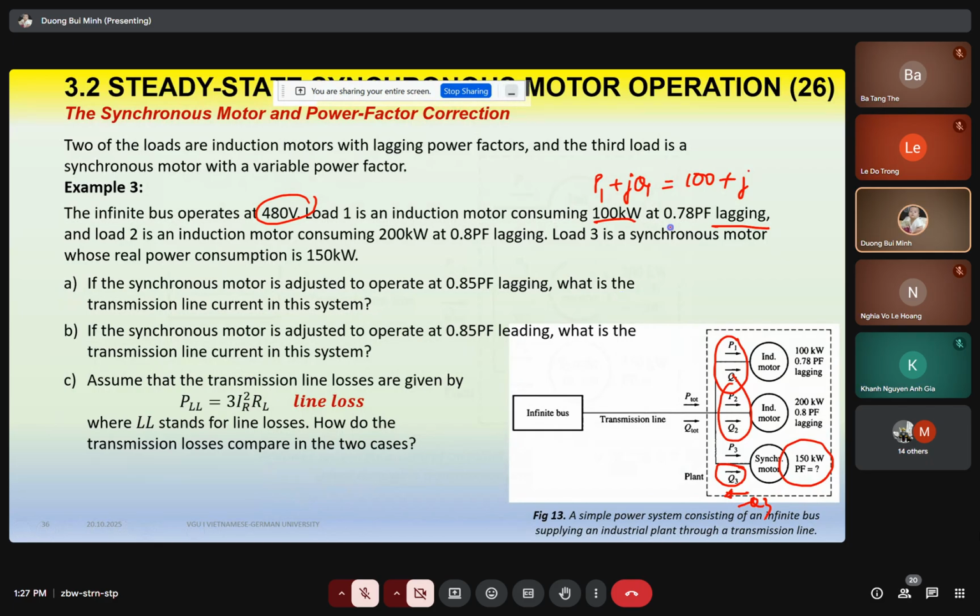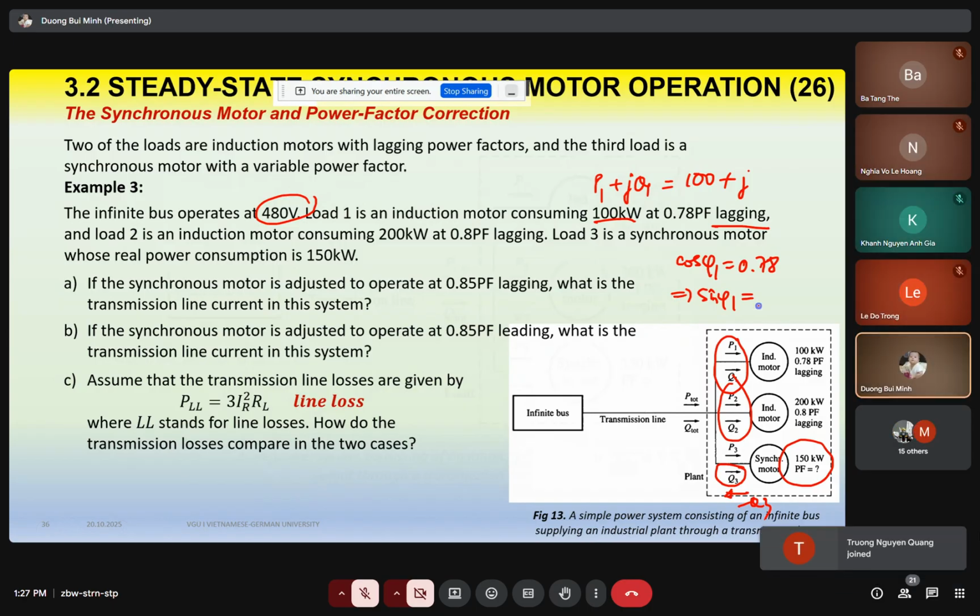We have cosine phi 1 equal to 0.78, so we can get sine phi 1, which is 0.625, and then we can get Q1.